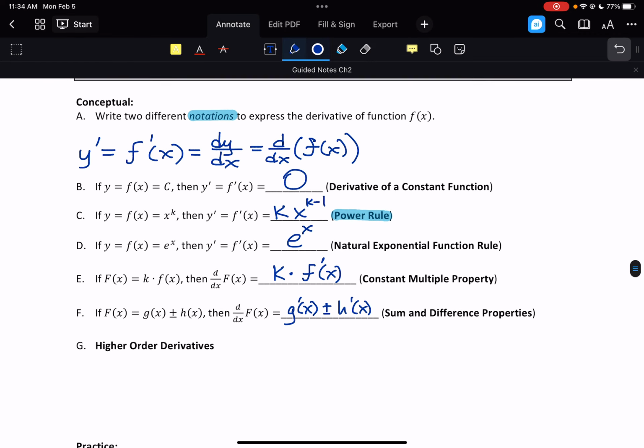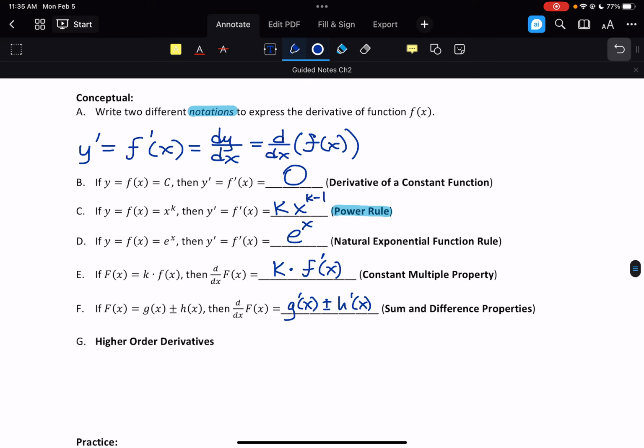Now, when it comes to higher order derivatives, when you take the derivative of a function, you create a new function. That new function is also potentially differentiable. So you can take the derivative of a derivative function. This is what we call higher order derivatives.